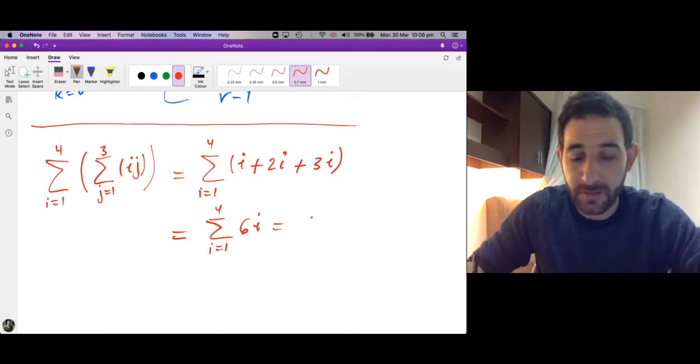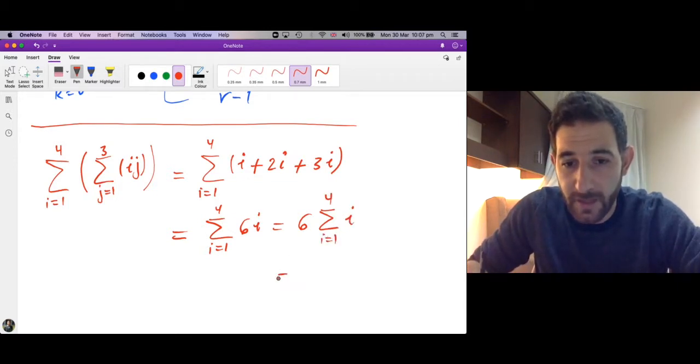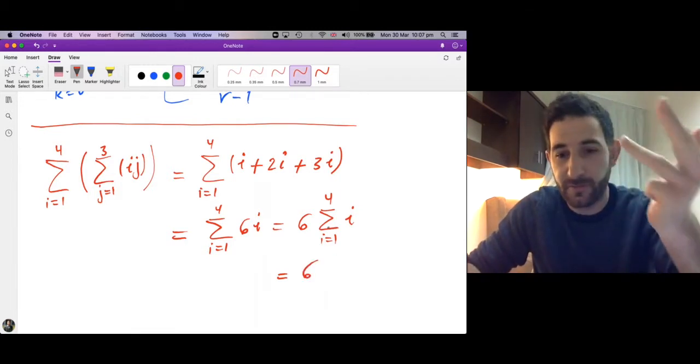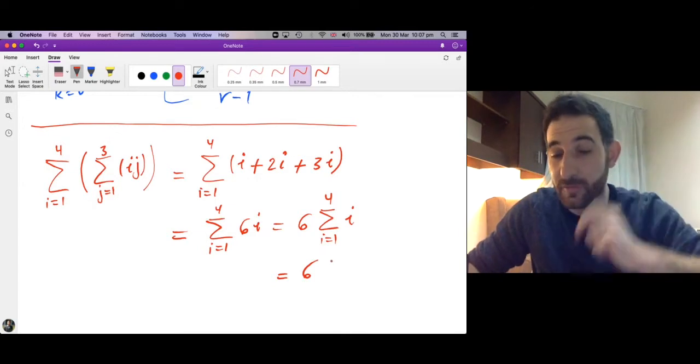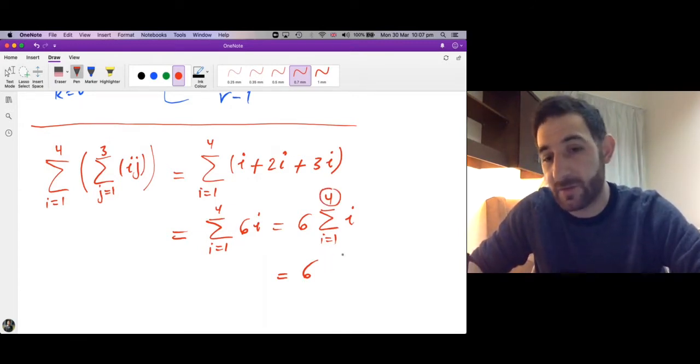But we know that from the very first properties of the sigma notation, this is equal to 6 times the summation where i ranges from 1 to 4. And note, so this is 6, but what is the summation 1 plus 2 plus 3 plus 4? We know the formula of this. This is n times n plus 1 over 2.